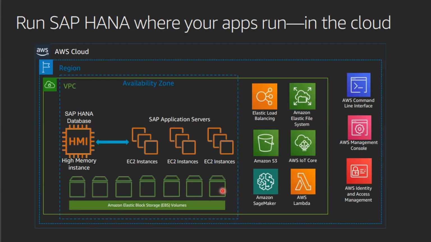Now, when we talk about management, most of the time you will do management from the AWS Management Console, which is a GUI, and you can manage your AWS resources directly from the console. If you want to execute remote scripts, or if you have to do shell management, you can use command line interfaces, and you can control access to AWS through Identity and Access Management.